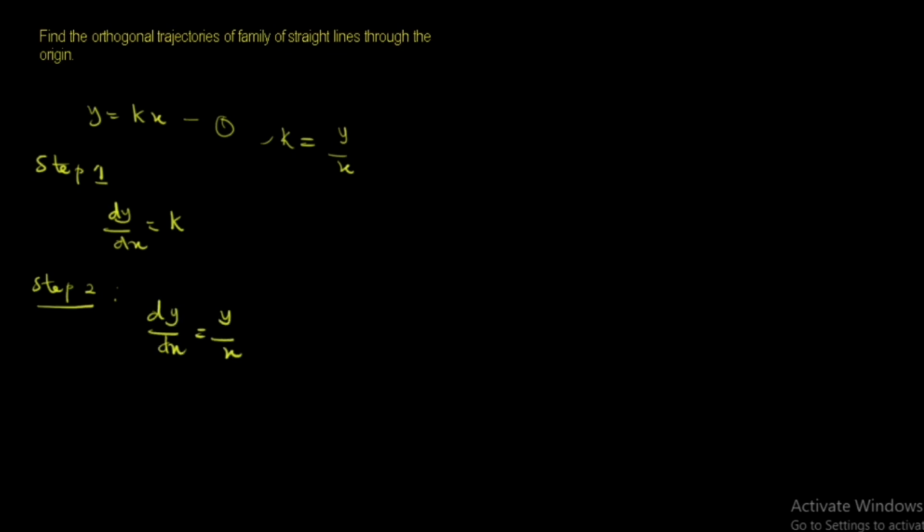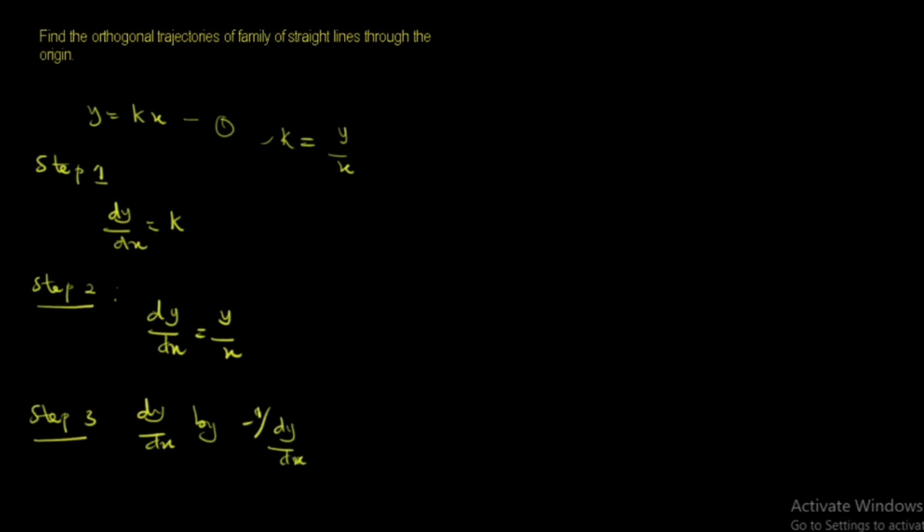Let's go to the third step. Step 3: what to do now is that we will replace dy over dx by negative 1 over dy over dx.